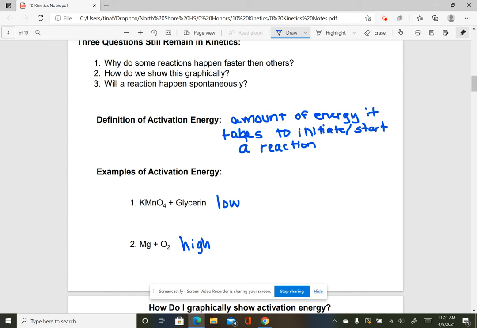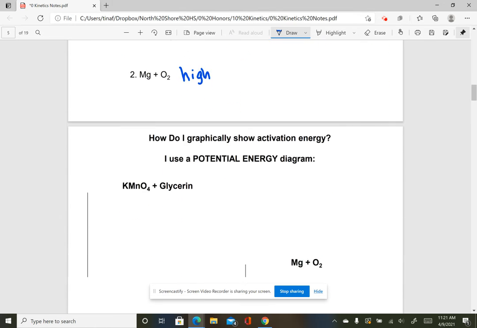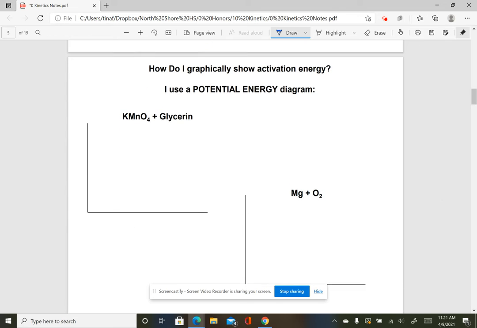So what that looks like on a graph, these are called potential energy diagrams. And the y-axis is always going to be labeled potential energy. And the x-axis, I've seen it as reaction coordinate or time.